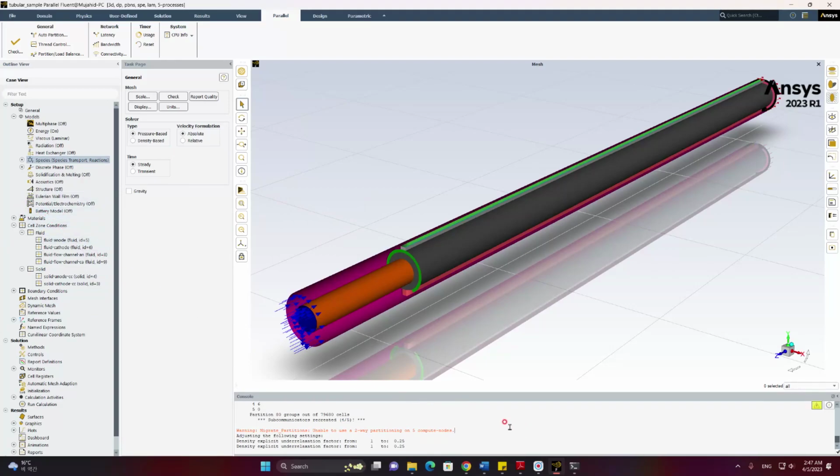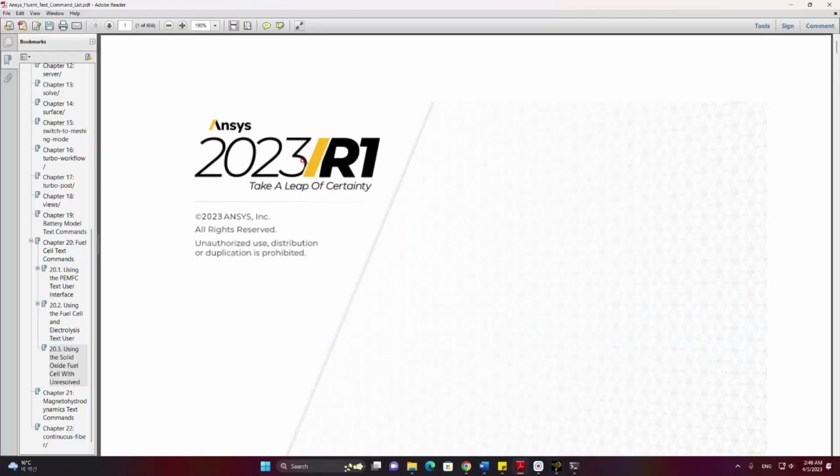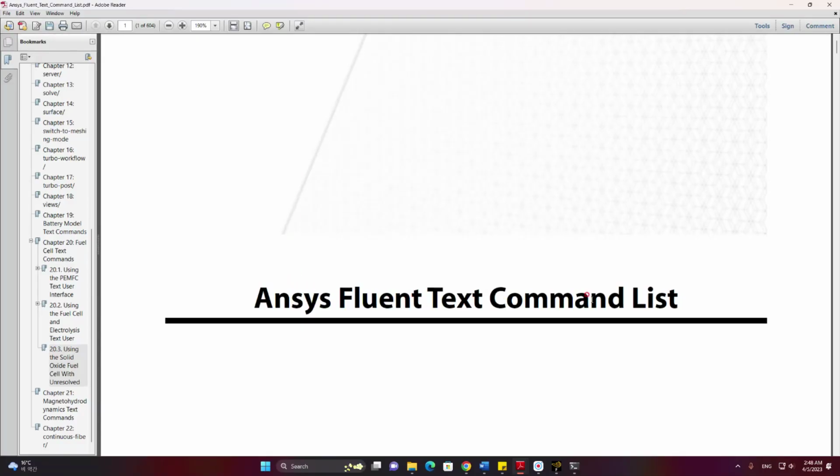Now we should add the SOFC add-on module. For that, click in the console, hit enter, and it gives the commands that we can use. These commands are mentioned in the Fluent text user interface document, the Ansys Fluent text command list, which is available at the Ansys website also.